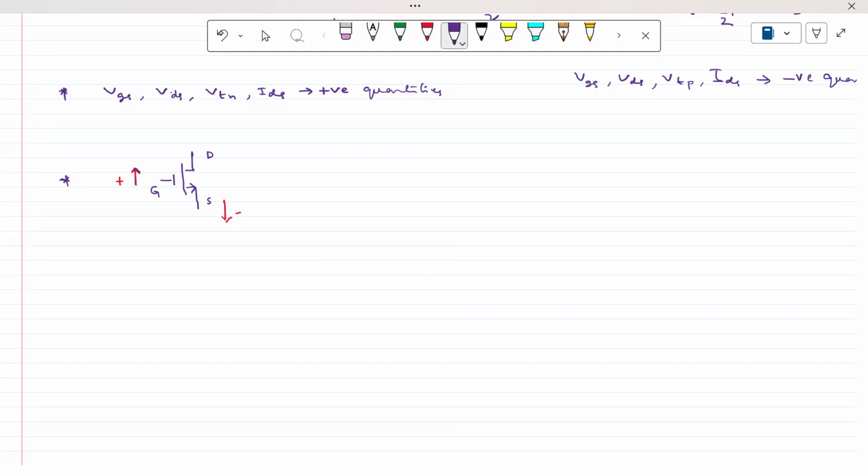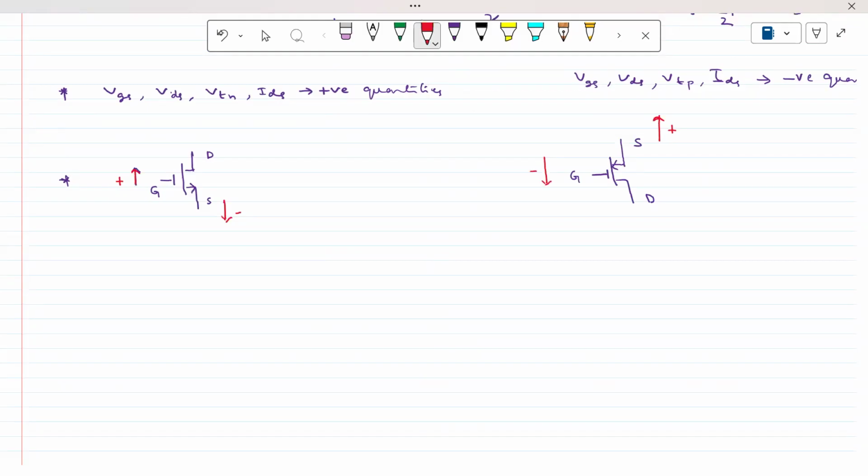Similarly, what about the PMOS transistor? Here is a gate, this is the source, and this is a drain. Does the gate have to go in the positive direction or the negative direction? Negative direction. It should go in the negative direction.